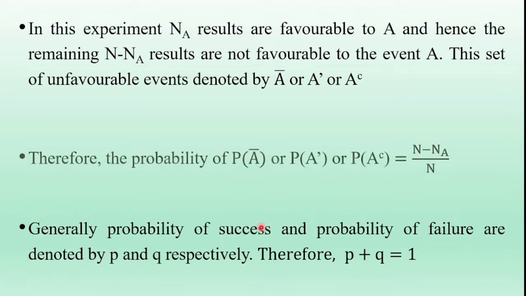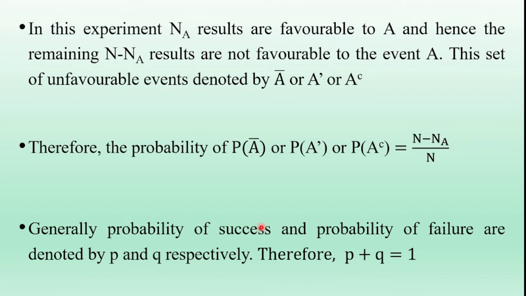Therefore, the probability of unfavorable events, probability of A bar, is equal to N minus N A divided by N. Here N minus N A is the number of unfavorable events and capital N is the total number of outcomes of the experiment.